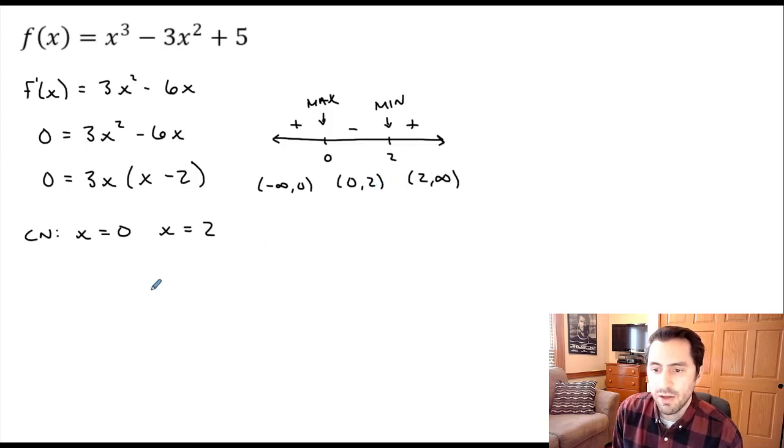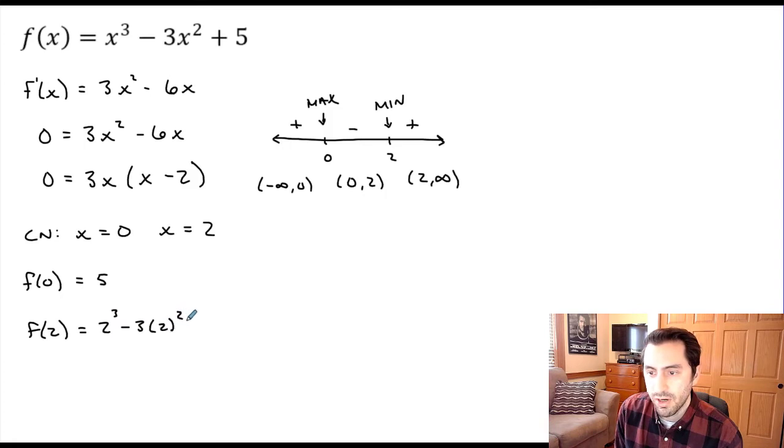And let's just evaluate our function at these 2 points so we can clearly state where our maximum and our minimum is. So f of 0, this one's easy enough. This would be 0 minus 0 plus 5, so f of 0 is equal to 5. And then let's find f of 2. We'll have 2 cubed minus 3 times 2 squared plus 5.